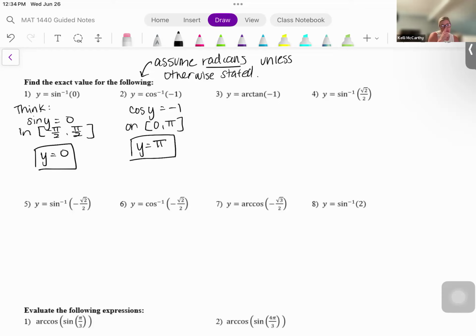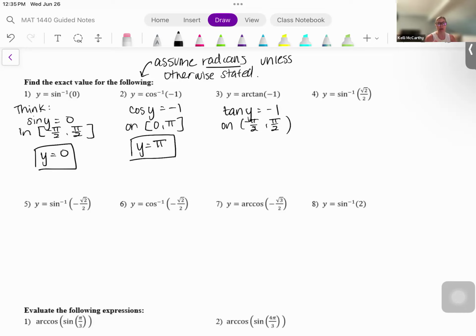Y equals arctan -1. So where does tangent of y equal -1 on the interval from negative pi over 2 to pi over 2? We're not including those endpoints though, because those are going to be asymptotes. Well, we know tangent is that ratio of sine over cosine.